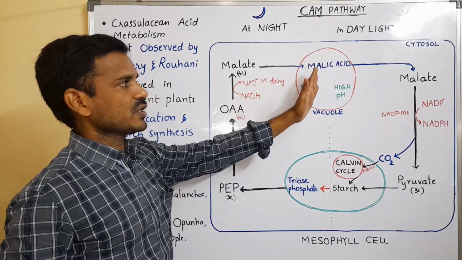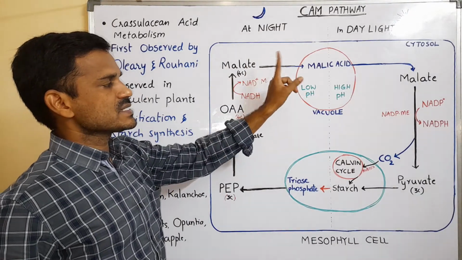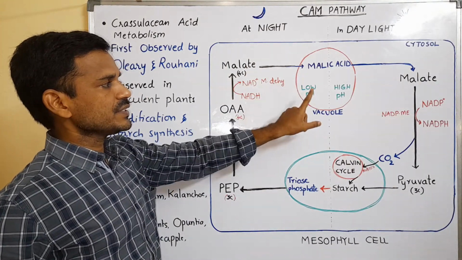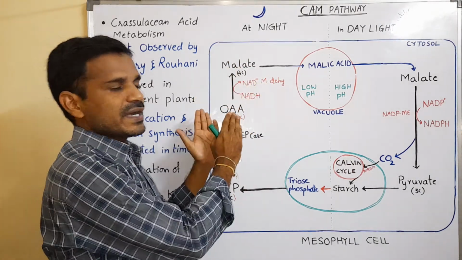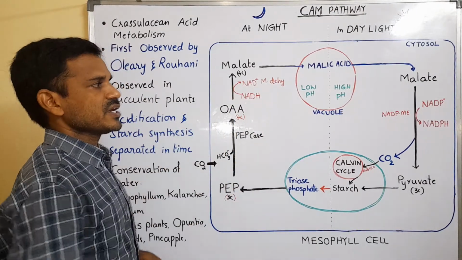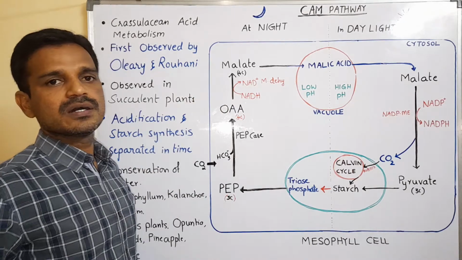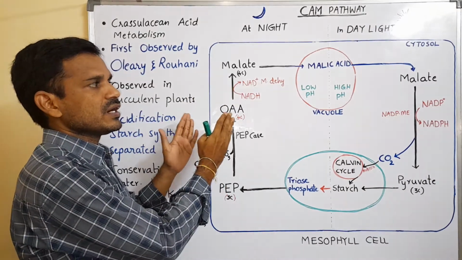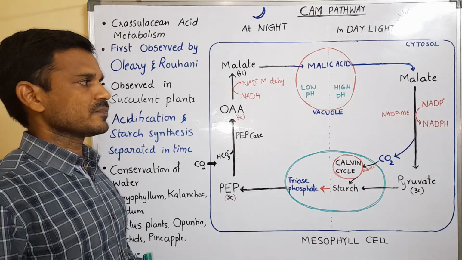When malic acid enters the vacuole, low pH is present, so the malic acid is stored there. This is called acidification. So the acids, oxaloacetic acid and malic acid, are both formed during the night time. So acidification takes place during the night time only.